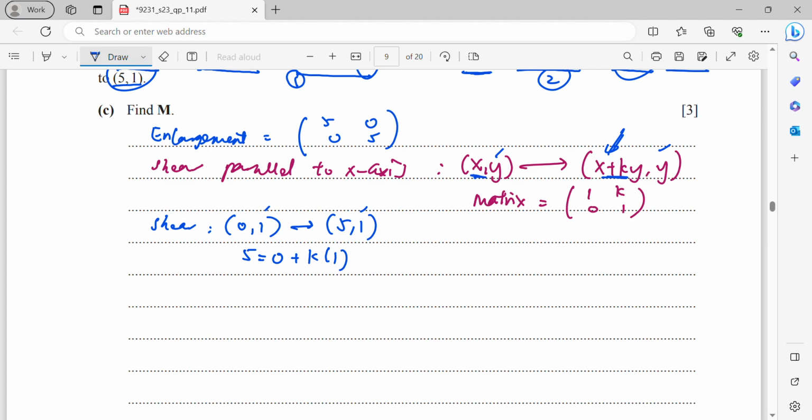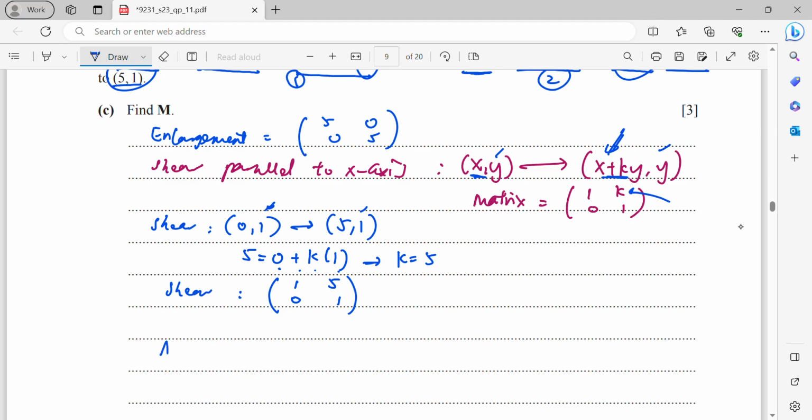So x plus ky: x is 0, 0 plus ky, y is 1, equals the new x coordinate, which means now my k is going to be 5. Then I have found the k in the matrix here. So for the shear matrix, it's going to be (1, 5, 0, 1).